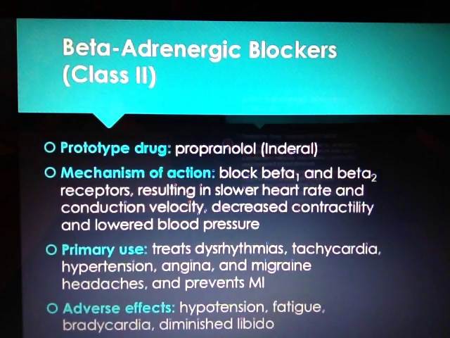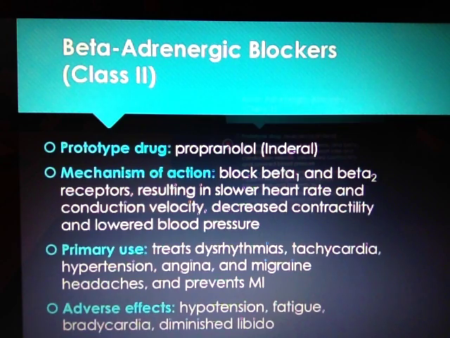The next one I want to talk about is the beta blocker propranolol. So this beta blocker blocks beta 1 and beta 2 receptors, so it's non-selective. This results in slowing the heart rate and conduction velocity, and also decreases contractility and lowers blood pressure.